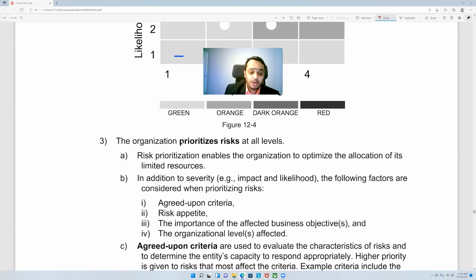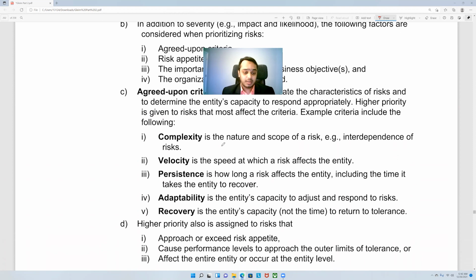Then later on you need to prioritize risk. If you remember at the start of the session, what did I say? First understand your objective, then identify the risk, then assess the risk. Once you assess the risk, understand what the impact of the risk is. After getting the impact, what should be the risk response, and how you should prioritize which one to be done first, which item to be focused on first, and which item to be focused on less now.